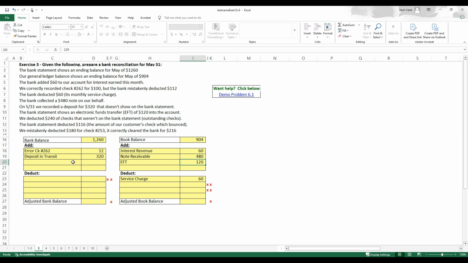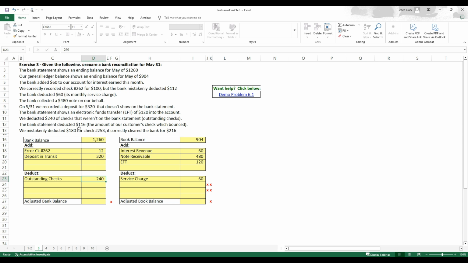Maybe they're still in the mail or whatever, and so this balance of $1,260 really should be lower by $240 because at the point that those recipients get the checks, they're going to reduce that balance when they cash the checks. And we want to be careful we don't assume that we have this money in our account when we really don't. It's just a matter of the recipients of the checks going in and cashing them.